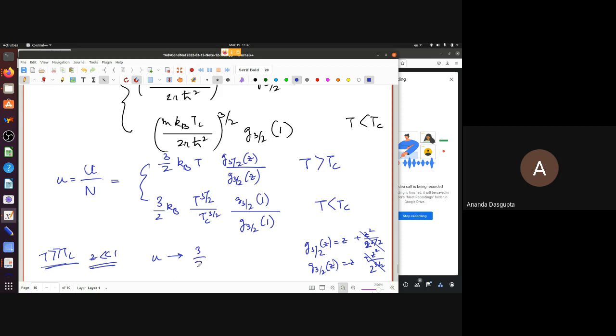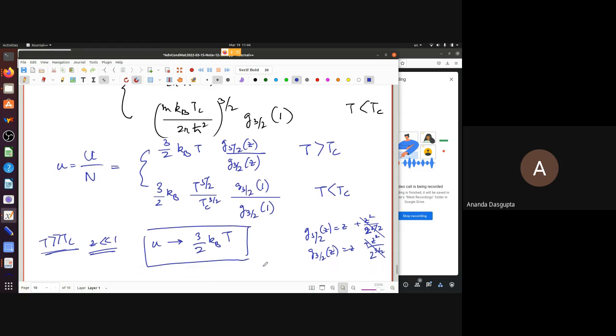So U goes to a very familiar result. Right? This is what we get for classical particles. The average energy per particle is 3/2 kBT. Classical result from the 3 degrees of freedom, half kBT per degree of freedom. Equipartition theorem. Right? And once again, why does this work?